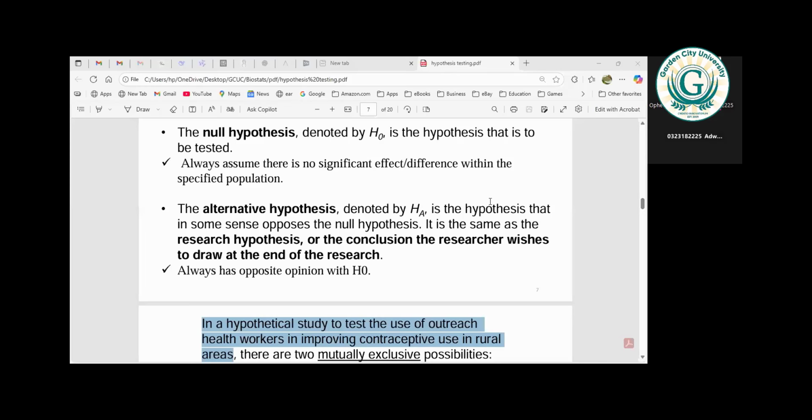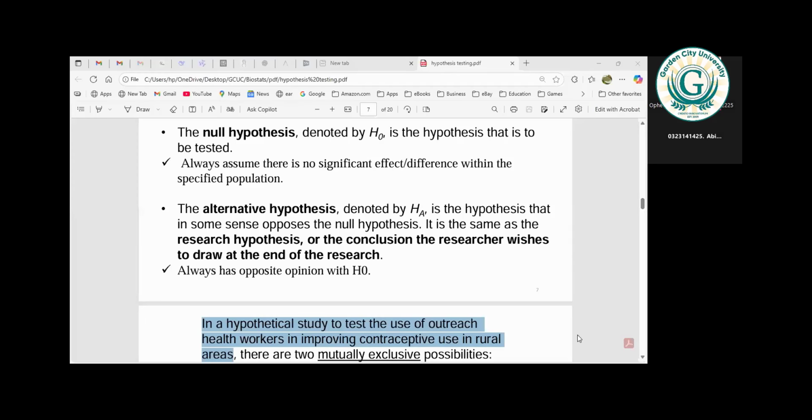Okay. Ophelia, you talk. Okay, so the use of contraceptives in rural areas will not improve regardless of the health workers going for outreach programs.